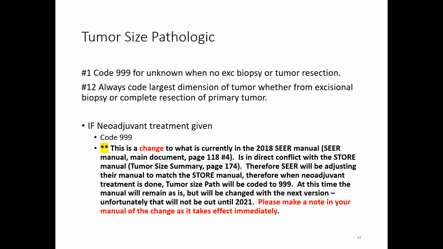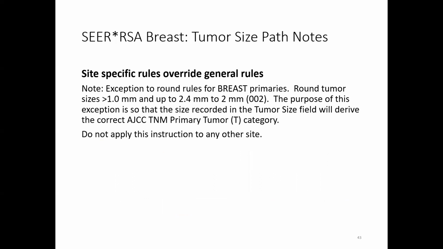And like I said, this is a change to what is in the SEER manual right now. The STORE manual is correct. So make a note of this, tumor size path 999 if there's neoadjuvant therapy given. So the same note that we talked about for rounding, the exception for tumor size path.